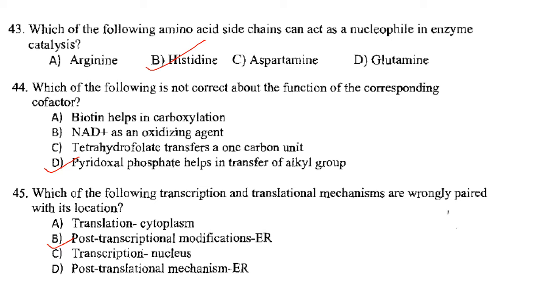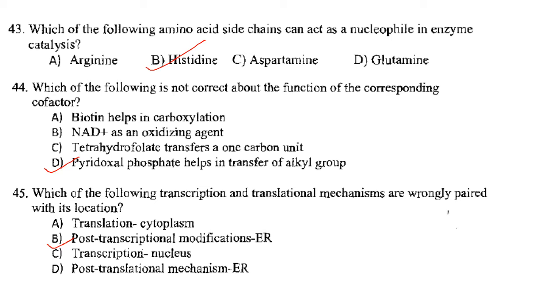Then which of the following is not correct about the function of the corresponding cofactor? Biotin helps in carboxylation. Yes. NAD plus as an oxidizing agent. Yes. Tetrahydrofolate transfers a 1 carbon unit. That is also correct. So what is left out is option D, that is pyridoxal phosphate helps in transfer of alkyl groups.